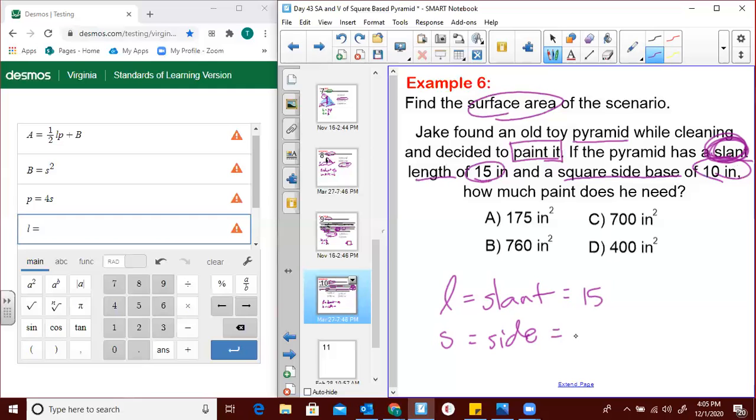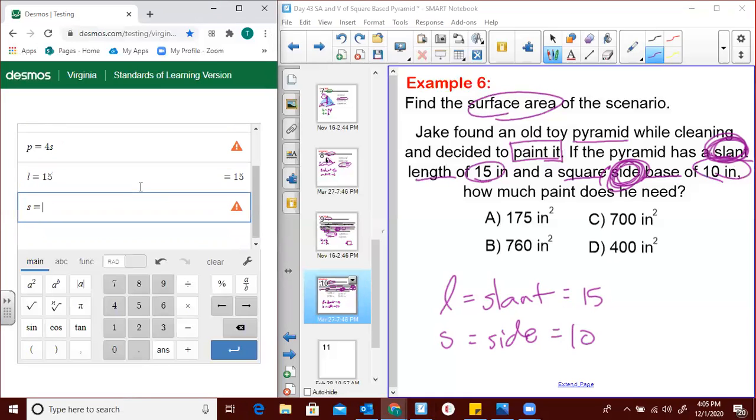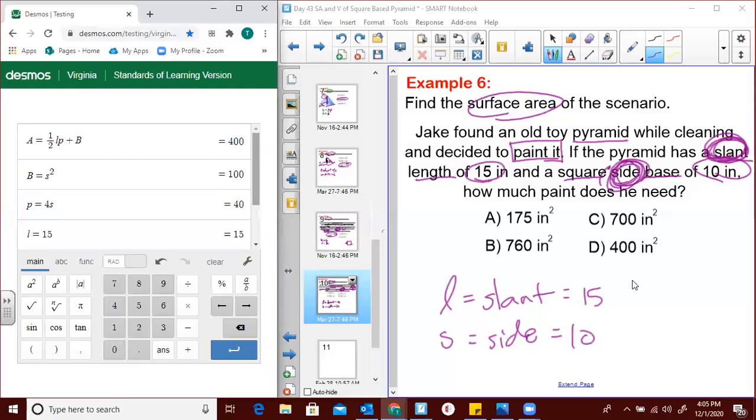All right, and there's only one other number in this problem. We know that's going to be 10 for the side. But look, it says square side. Square side. All right, so make sure you are reading this, looking for these words. Do not mix them up when you put them in. So I know that my slant is going to be 15, and then my side is going to be 10. And you can see that our final answer is D, 400 inches squared.